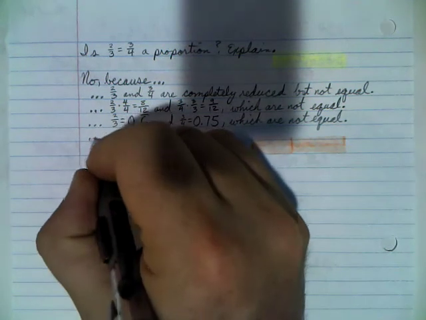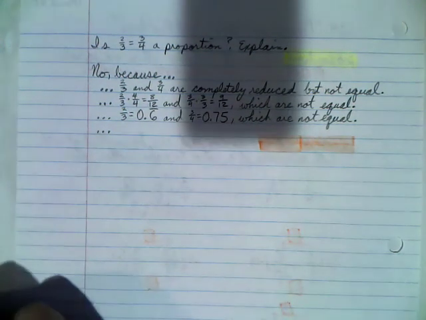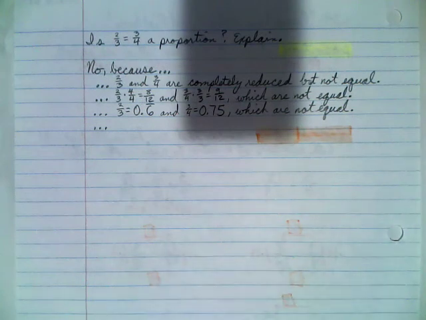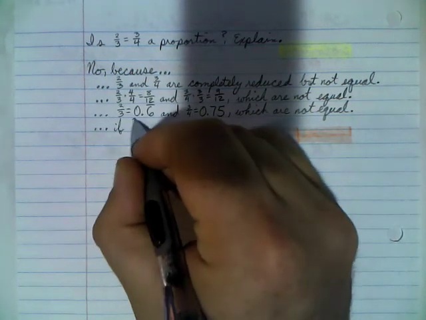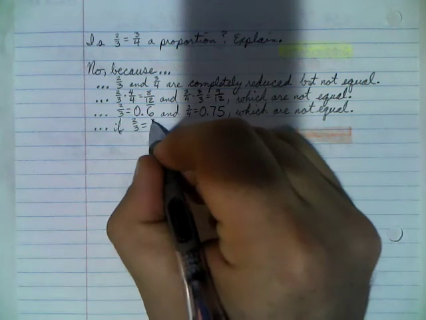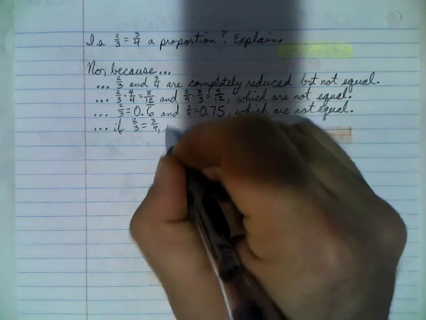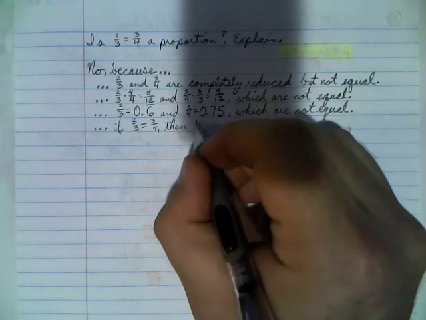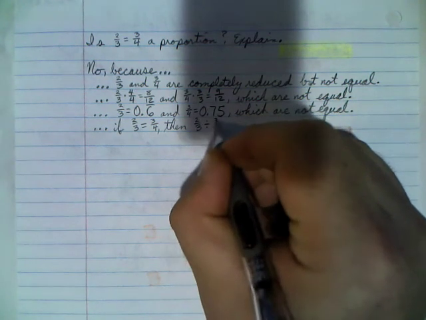Another way to look at this would be to think through what would be the case if they were equal. If they were equal, then a number divided by itself should be 1. So we're going to say no, because if 2/3 equals 3/4, then 2/3 divided by 3/4 equals 1.